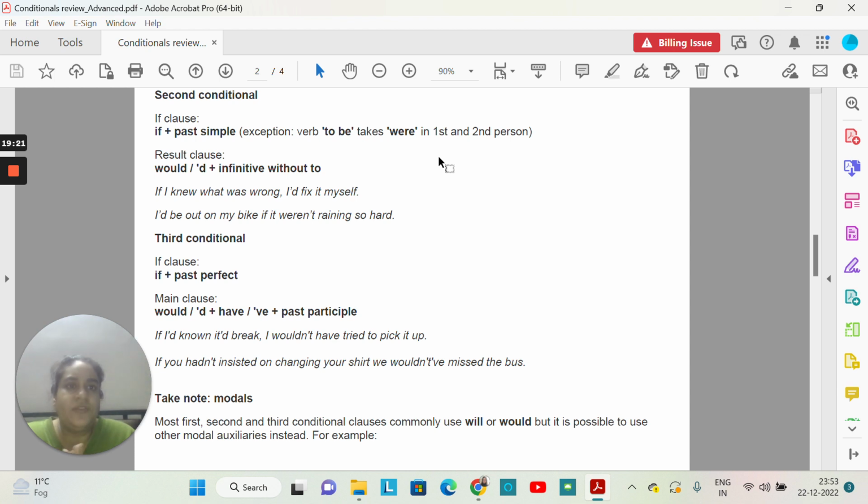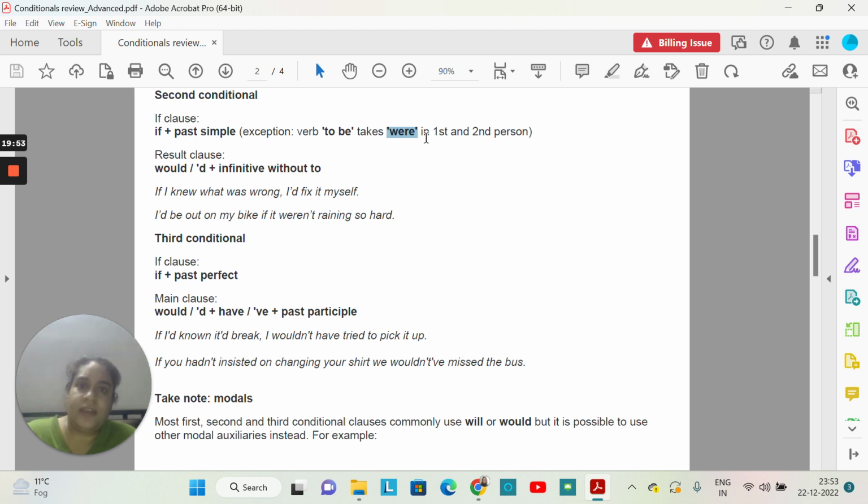Normally it is I was and we say they were, we were. But here the exception is for first and second person also. In a second conditional situation, if you are framing a simple past tense and you have to use the verb to be, it will be conjugated to were. You will not use was over here. If I were available, if I were there, I would have helped you out.